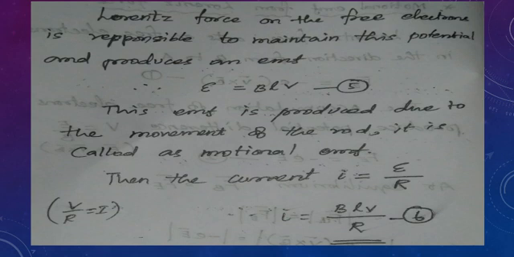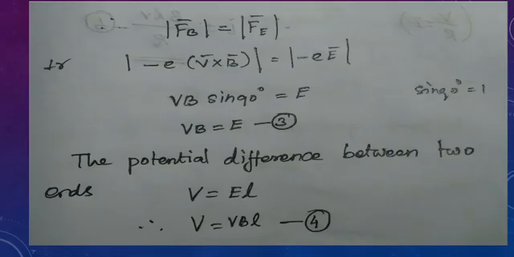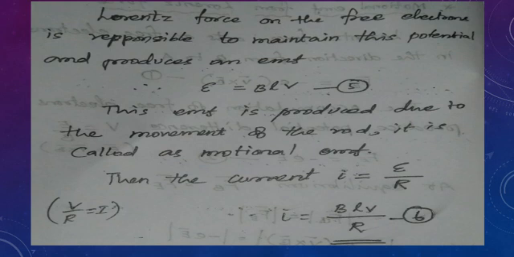Only the Lorentz force is responsible for producing the EMF. Therefore, the EMF, epsilon, is equal to BLv, because the potential V is nothing but the EMF. So the EMF E is equal to BLv, where B is the magnetic field, L is the length, and v is the velocity. This is equation number 5.